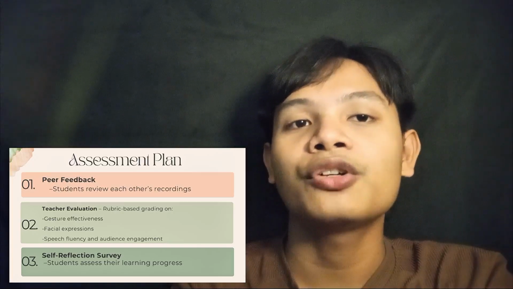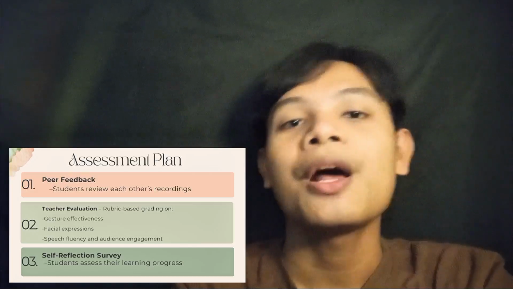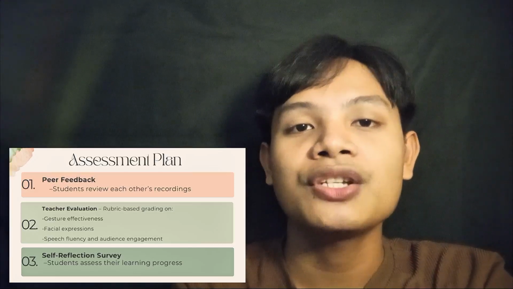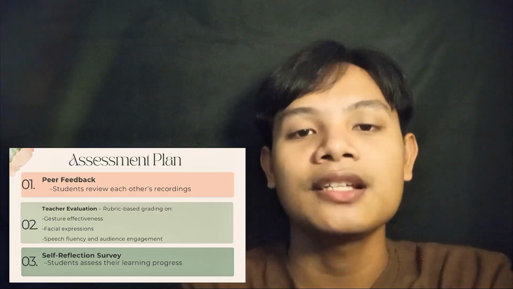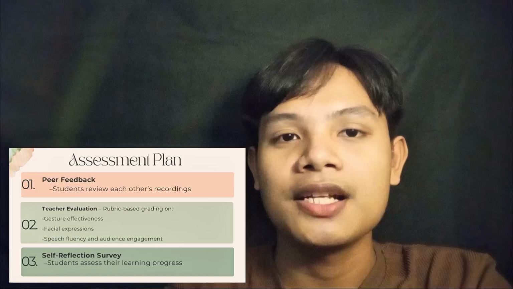So final recorded speeches are graded based on rubrics assessing gesture effectiveness, facial expressions, body language, speech fluency, and audience engagement. A self-reflection survey also allows students to evaluate their own progress and learning experience.